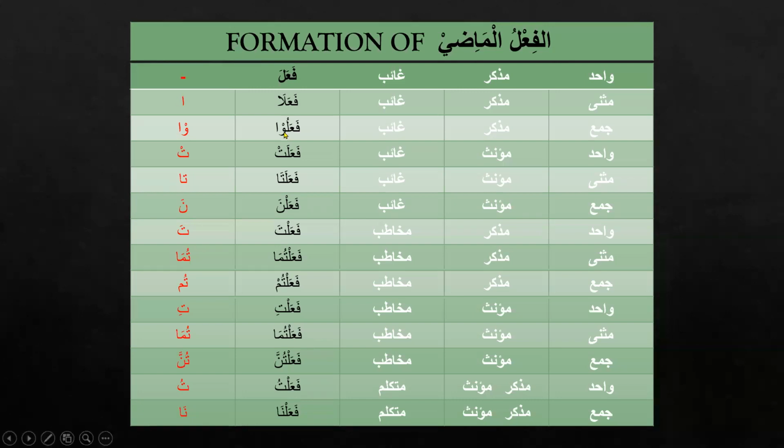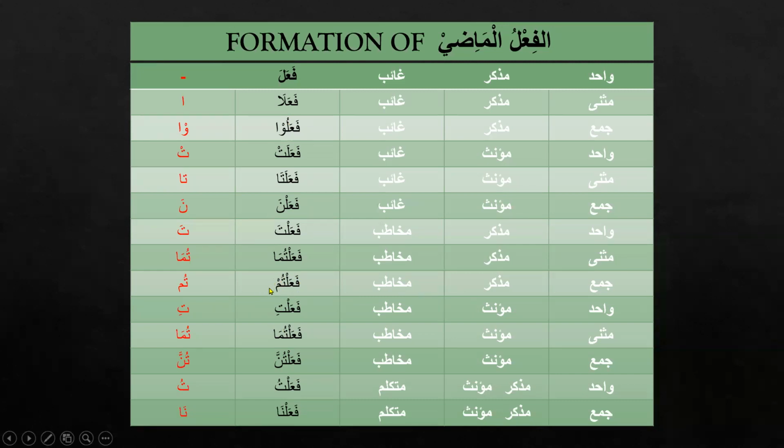But here, this alif and this meem, alif and meem, they are just showing the number of our fa'il. Like here, fa'altum, ta here is the fa'il, but here meem is showing us that this is jama' muzakkar mukhatab because it is from antum.